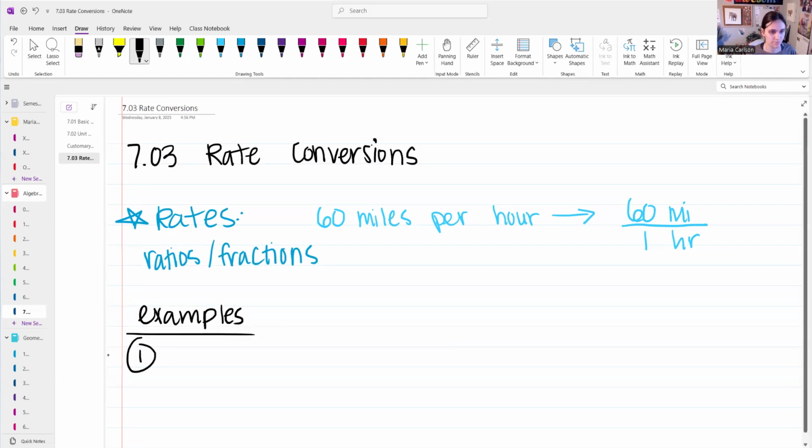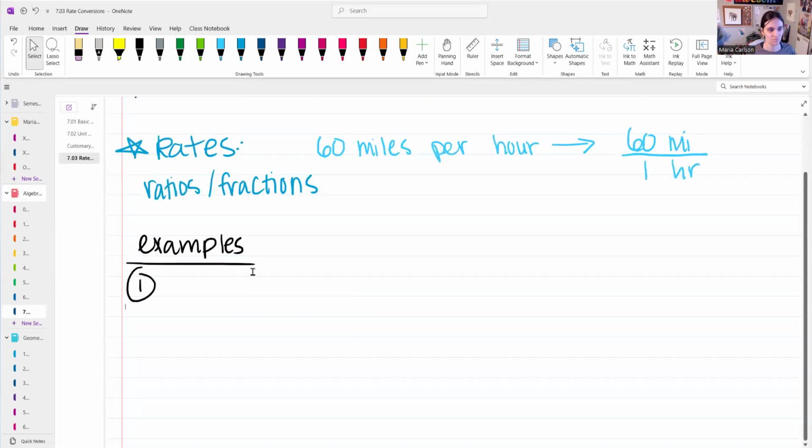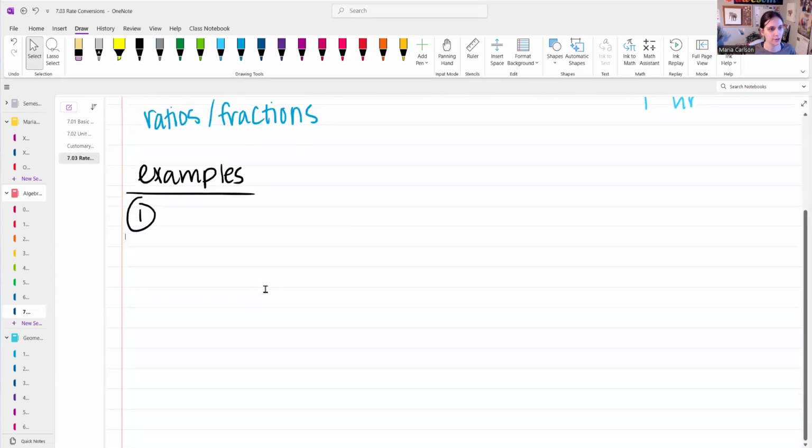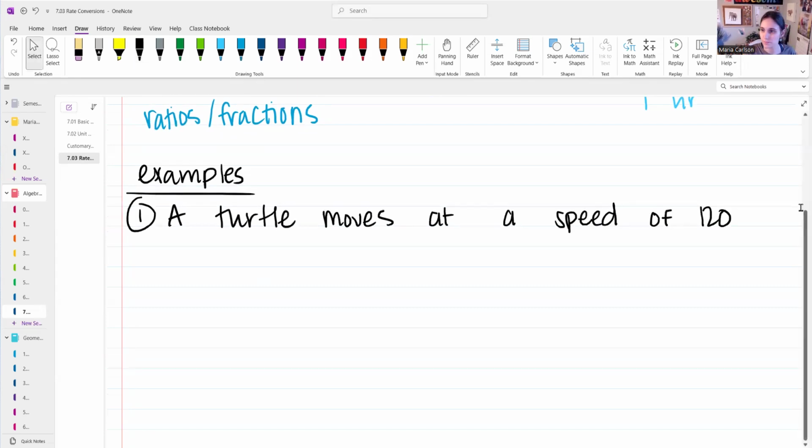Number 1. A turtle moves at a speed of 120 feet per day.